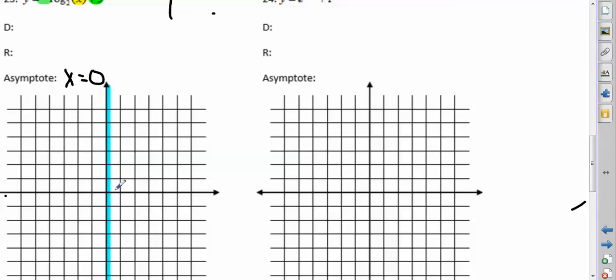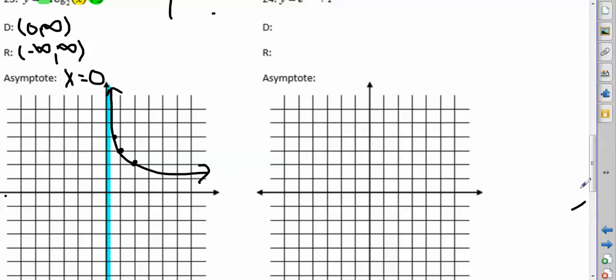So x is 1/2, y is 4; 1, 3; and 2, 2. Okay, there is my graph. So my domain is 0 to infinity, and then my range is negative infinity to positive infinity.